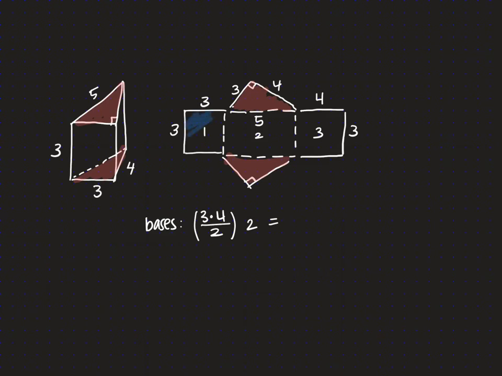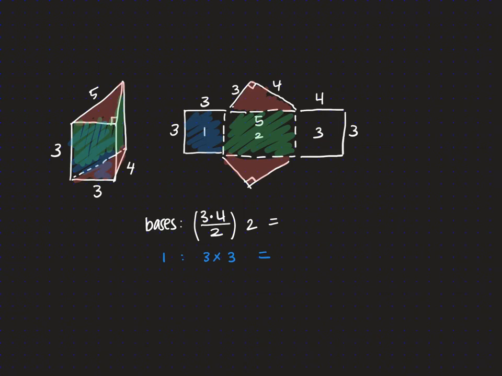So my first side is going to be the front actually, and it's going to be 3 times 3. Okay, my second side, which is going to be the biggest part, is actually going to be hidden on the back right there.